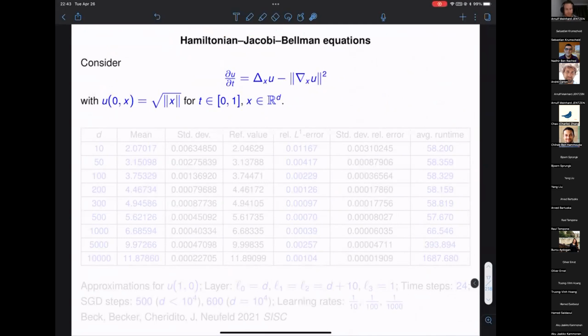The solution of this PDE is the cost-to-go function in the specific optimal control problem to control a Brownian motion in the d-dimensional space. In such optimal control or portfolio optimization problems, one often uses a concave initial or terminal condition for the PDE. Here you see some numerical simulation results for such a deep learning based approximation scheme for PDEs.